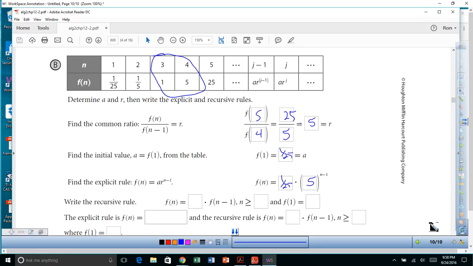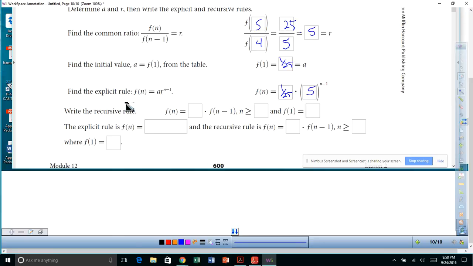Write the recursive rule. f of n equals 5 times f of n minus 1, where n is greater than or equal to 2, and f of 1 equals 1 over 25.